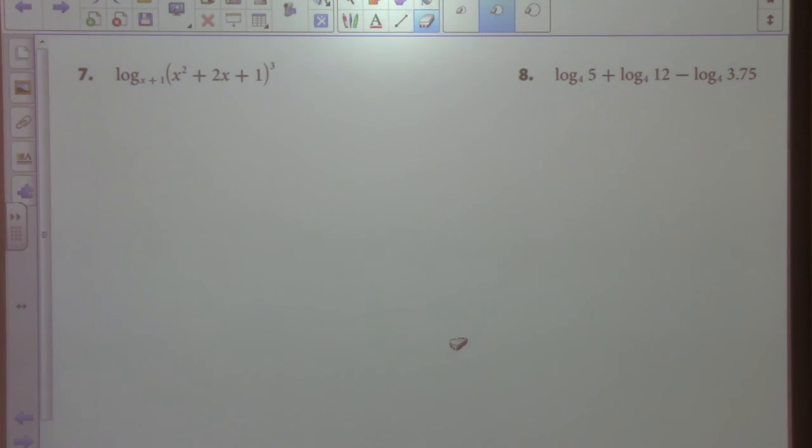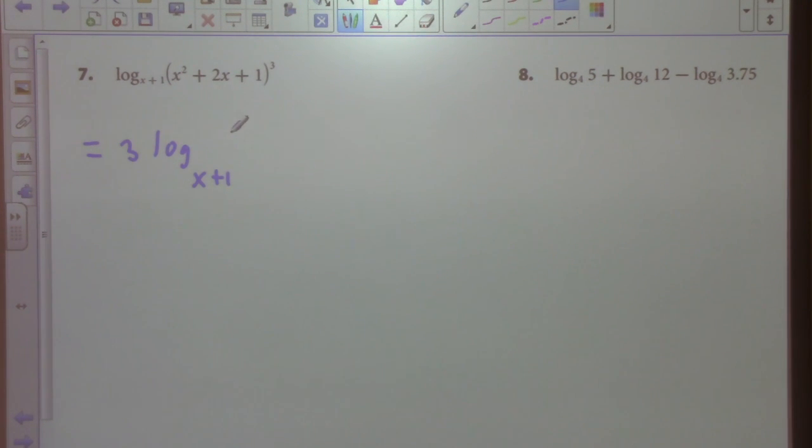I want you to look at, let's just go to number 7 here today. Do you have an idea of what to do in number 7? Maybe. What does the 3 do first? Goes in front of the log. So 3 goes here for height, so you get log base x plus 1, I'm not sure what to do with the other part though.